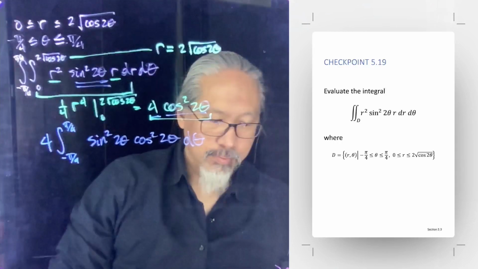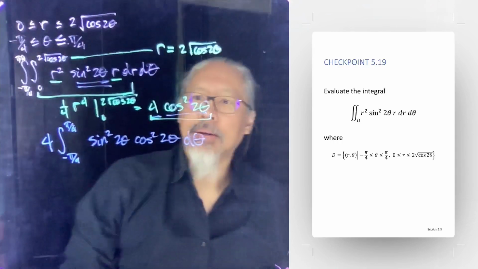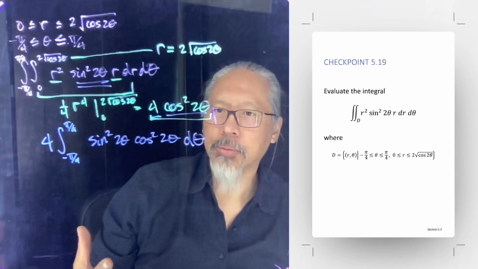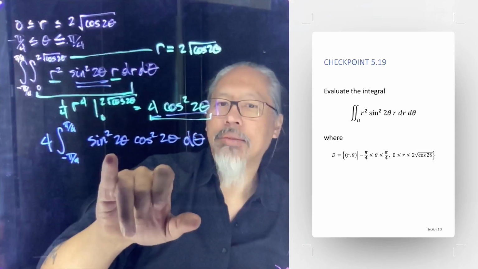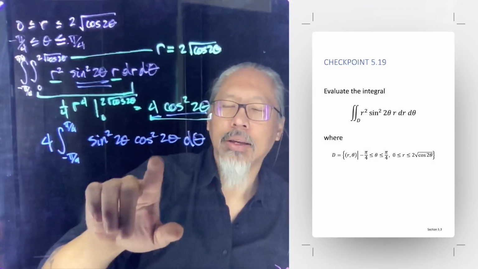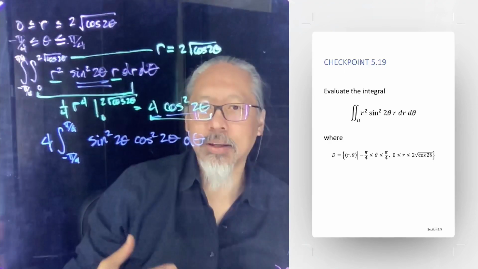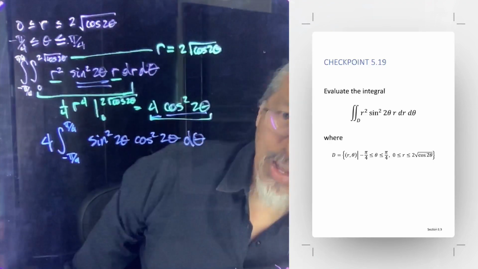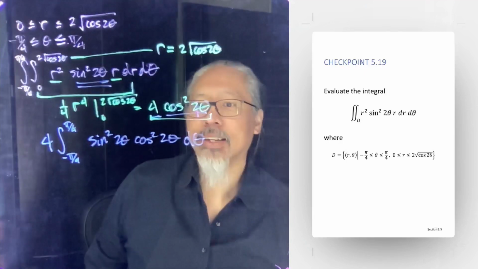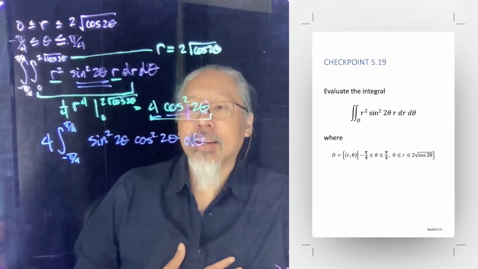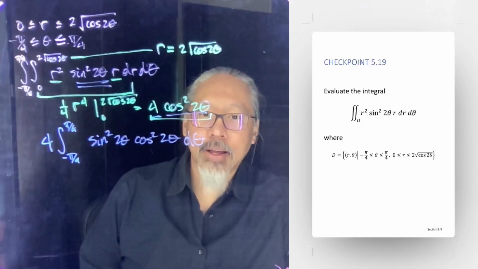Now for this, because these are even powers, we have to use half-angle formulas. We'll have a half-angle formula for the sine, a half-angle formula for the cosine, and then you'll multiply them, and you're going to get another squared term where you need to use another half-angle formula again. That's calculus 2 work, and I think we should all be able to do that.